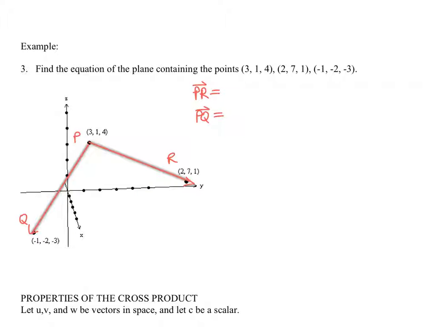You'll get the same equation of the plane when all is said and done. All right, so PR: 2 minus 3 is -1, 7 minus 1 is 6, 1 minus 4 is -3.